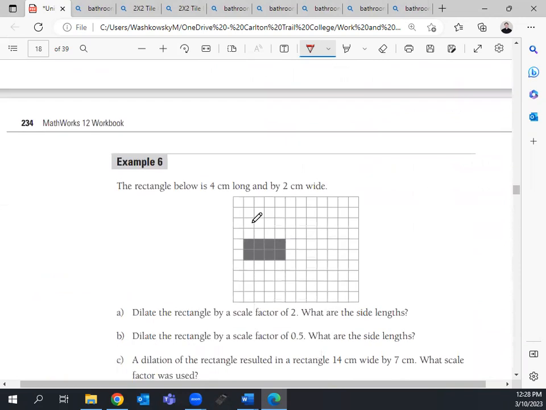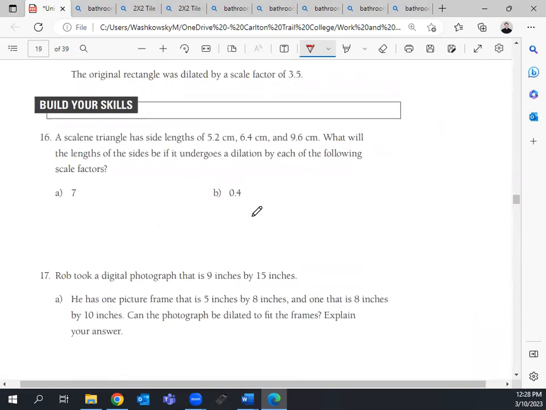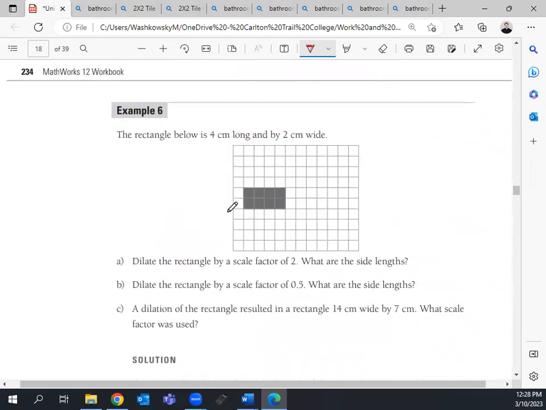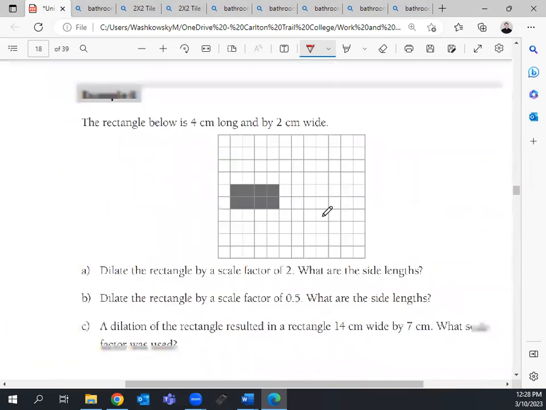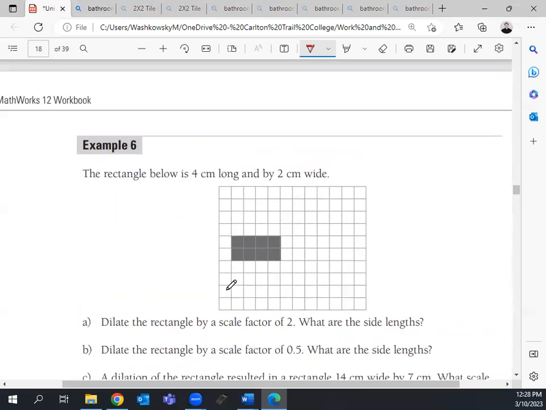Here we go, on page 234. It has the solution below it. Try not to refer to it, but just on page 234. Super, super quick. We're only going to do this, and then we're going to do one together, and then we'll carry on forward.